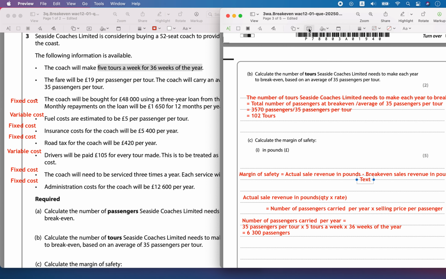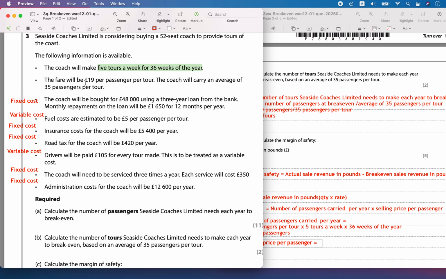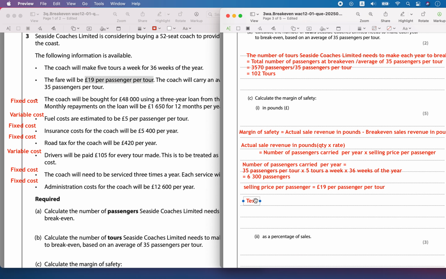They are paying 19 pounds per passenger. So the actual sales revenue in pounds is equal to 6300 times 19 pounds, which is 119,700.